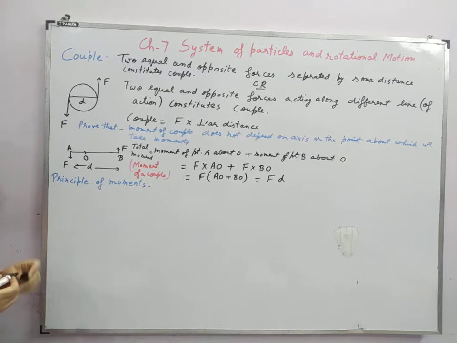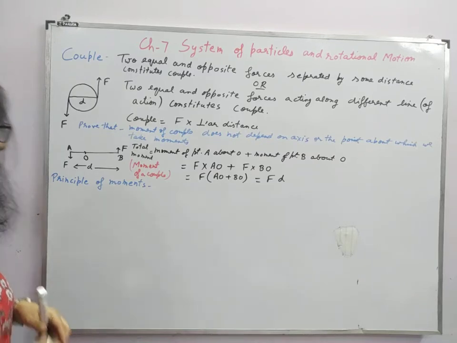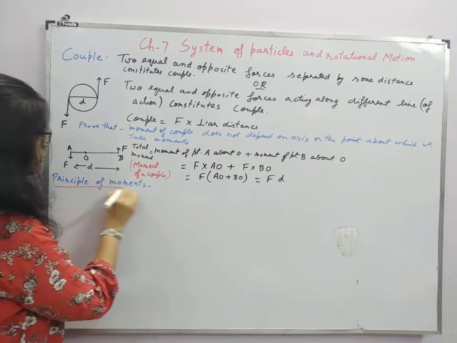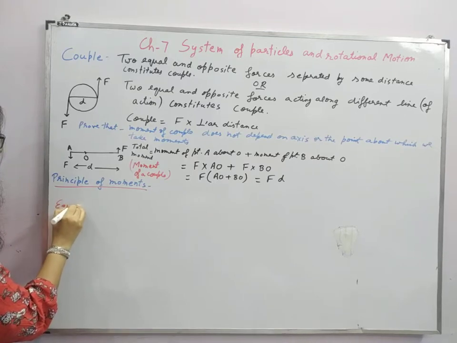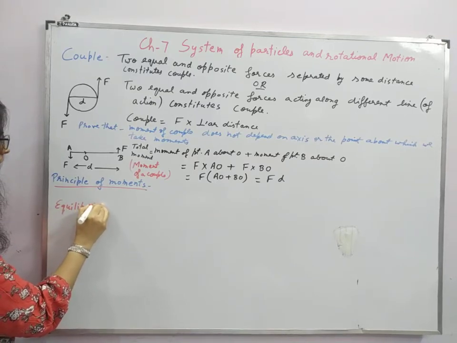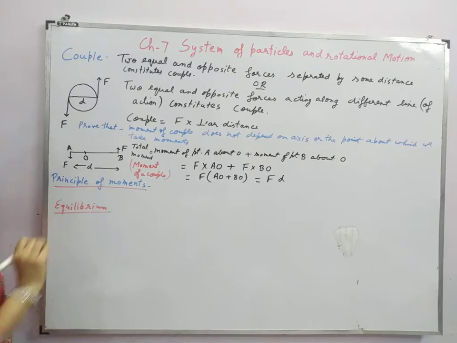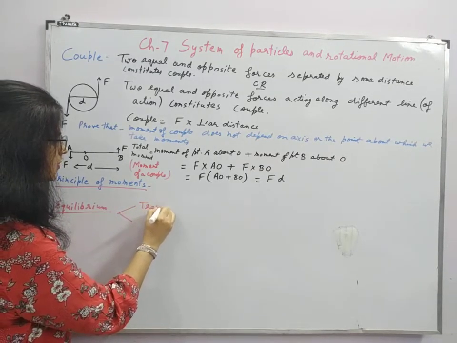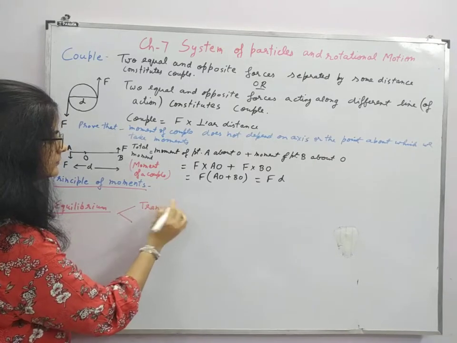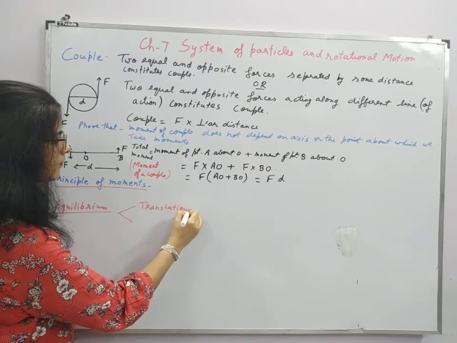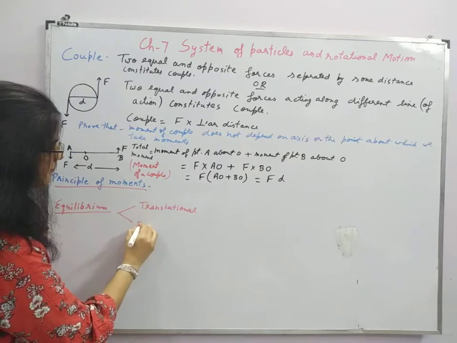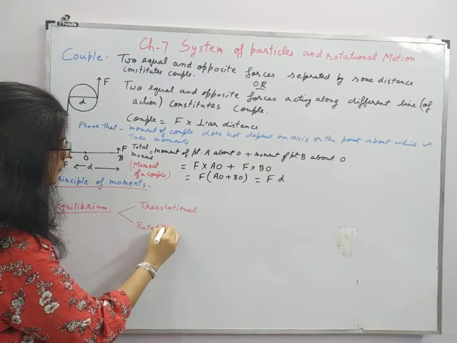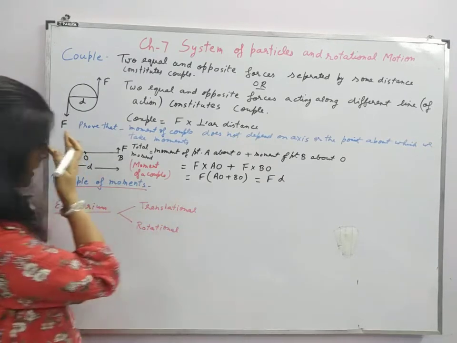So now we take the principle of moments, right? For the principle of moments, we need to understand the equilibrium concept also. If we talk about equilibrium, we talk about translational equilibrium and rotational equilibrium, right?